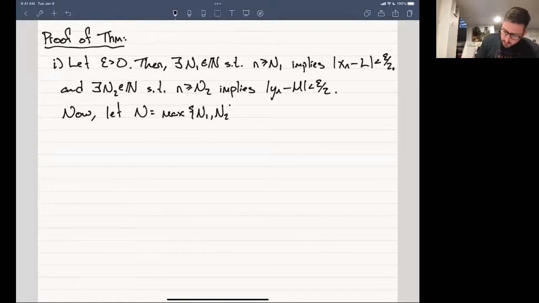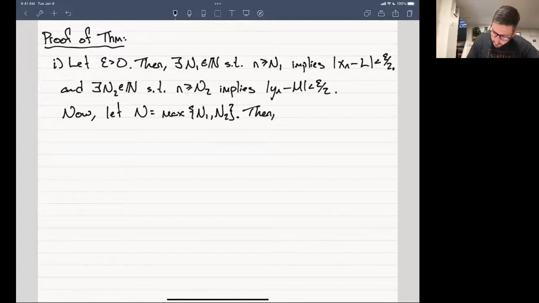You saw this trick in the previous lecture as well. Everything works well for the xn sequence beyond some number, and for the yn sequence beyond another number. Well, then just look beyond both of them to make everything work for both. So we take capital N to be the max of n1 and n2.